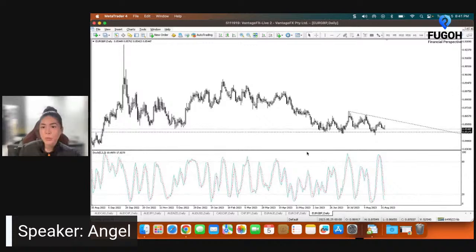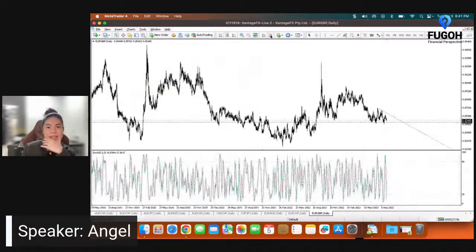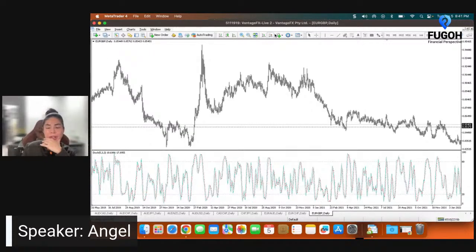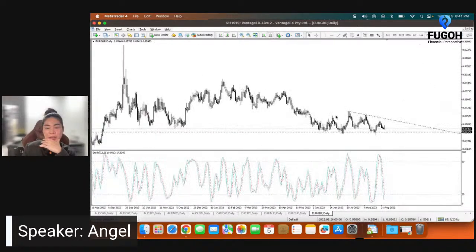All right. So for this pair, is there any particular trend? All right. So the trend is a downtrend for the recent one. Right? So you can see this is downtrend. And if it's a downtrend, we're looking for a sell opportunity.